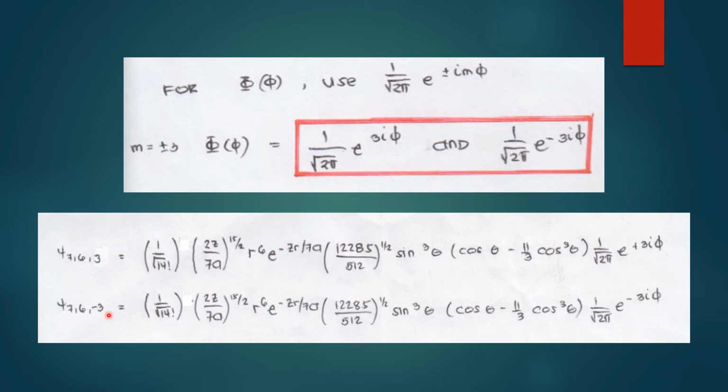And for our negative 3, psi 7 6 negative 3 is equal to 1 over square root of 14 factorial times 2z over 7a raised to 15 over 2 times r raised to 6 e raised to negative zr over 7a times 12,285 over 512 raised to 1 half sine cube theta times cosine theta minus 11 over 3 cosine cube theta times 1 over square root of 2 pi e raised to negative 3i phi.